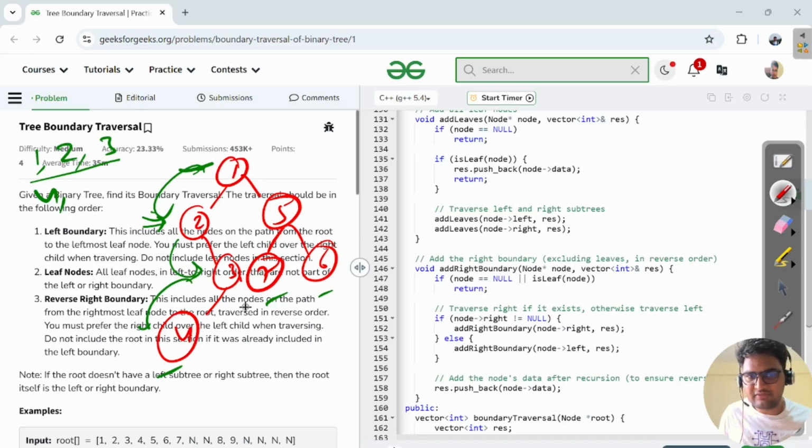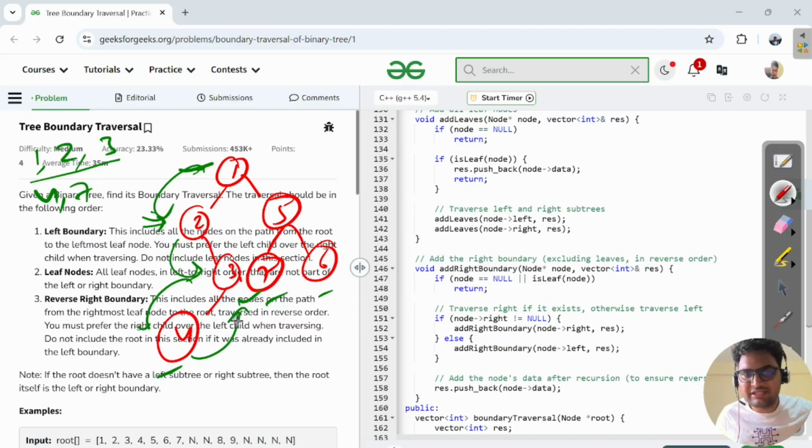Now from here it will come and go right. Right is null, right? So from here it will go here, then it will come here, the root, and then it will go to the right of the root node here, 5. Correct. 5 is not a leaf node, then it will go to left. Yes, this is a leaf node, so it will be printed. Correct. 7 is printed here. Then it will go left.